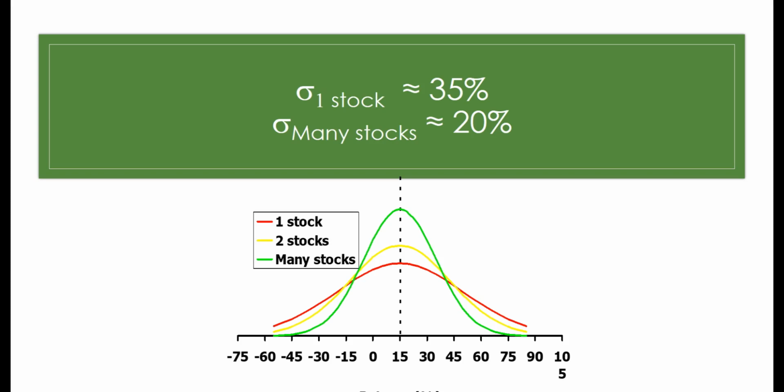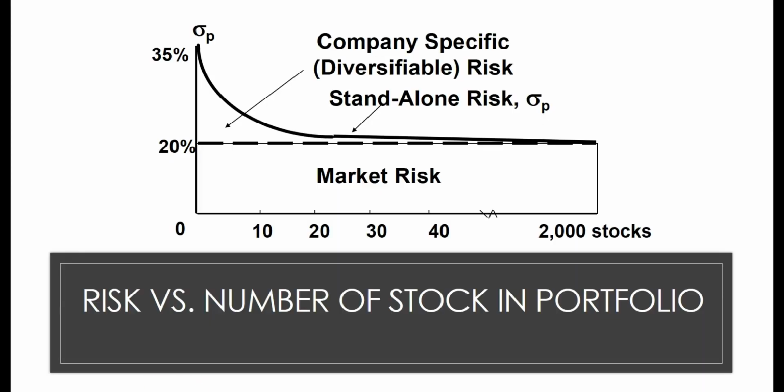There's a greater chance that you're going to earn what you expect. And so if we were to look at the standard deviation versus the market risk here, we see that as we add stocks to our portfolio, the portfolio risk declines.